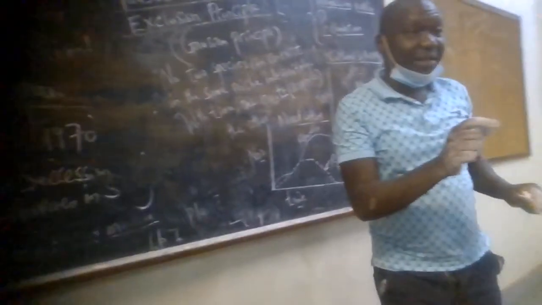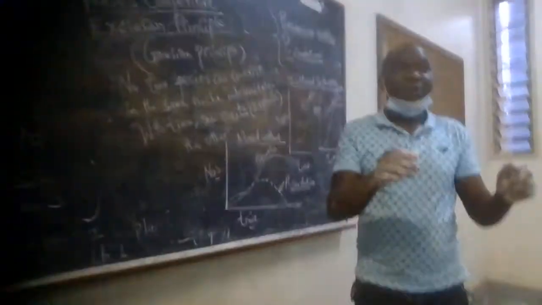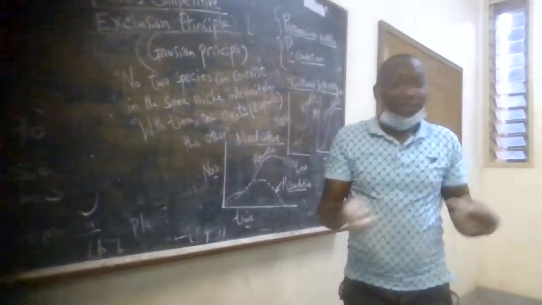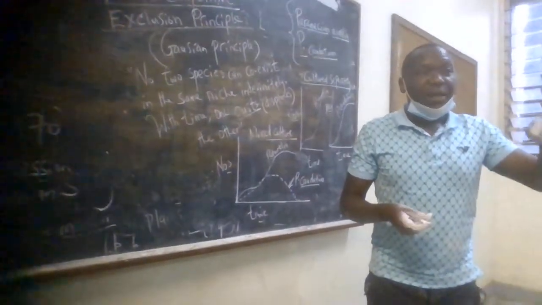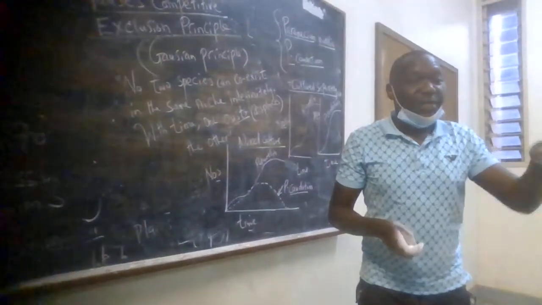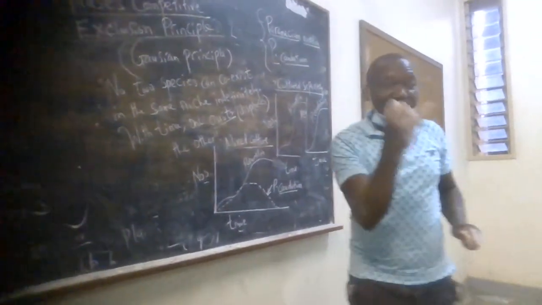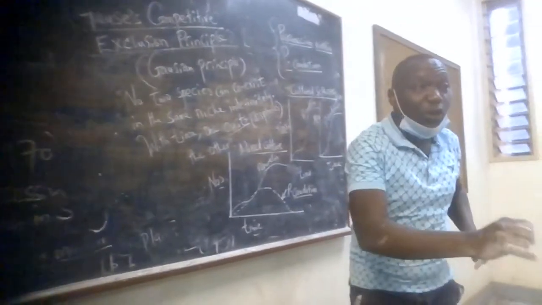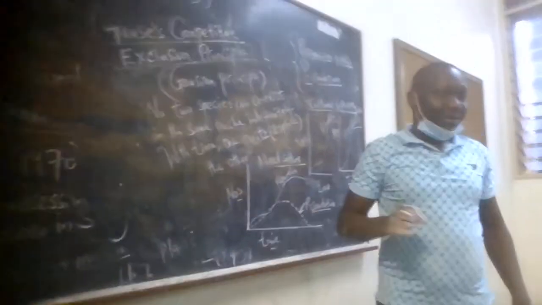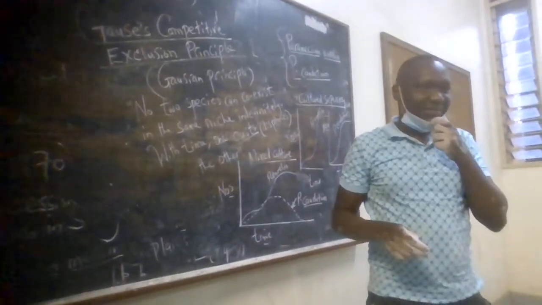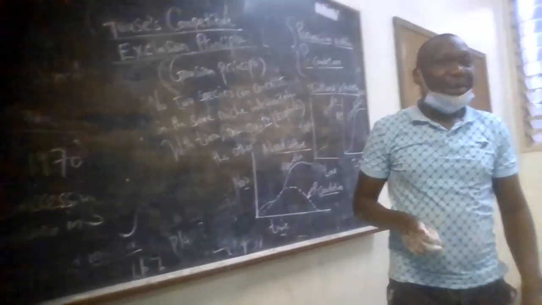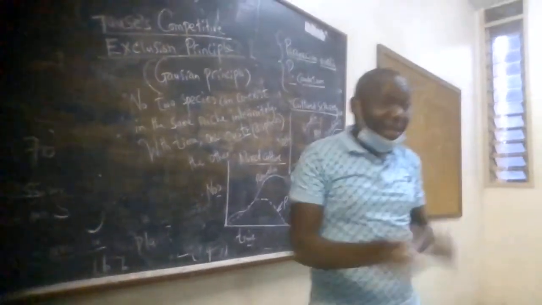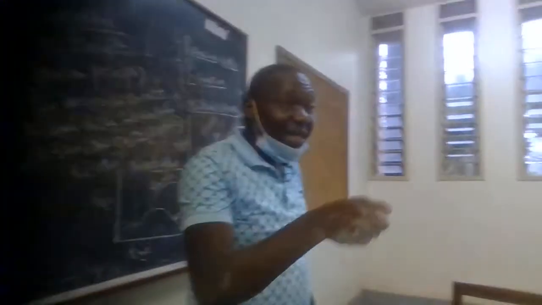Now, living organisms have adapted to sharing of resources and to minimizing interspecific competition by one of the strategies called horizontal separation. Horizontal separation. Another strategy is known as, before I give you another strategy, remember I gave you two examples of horizontal what? Separation.